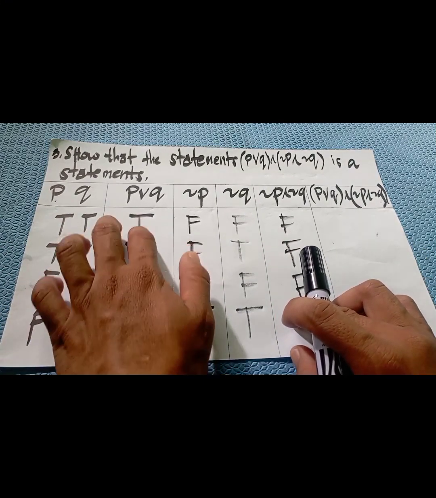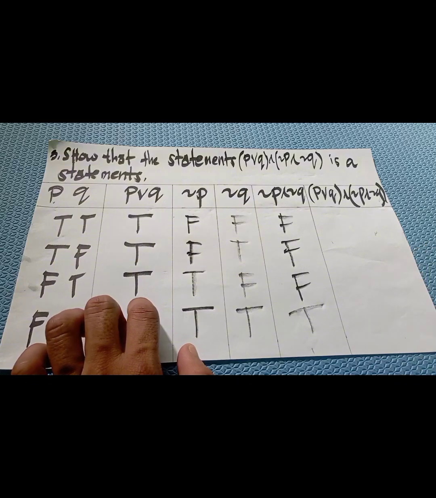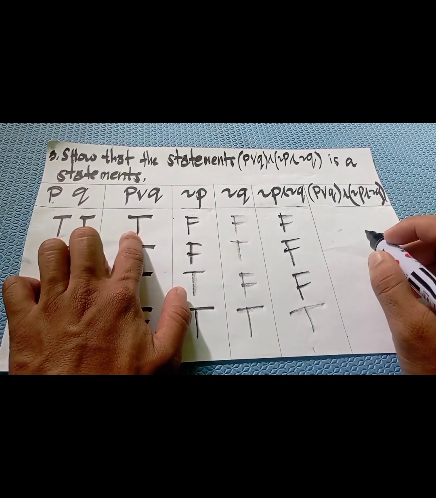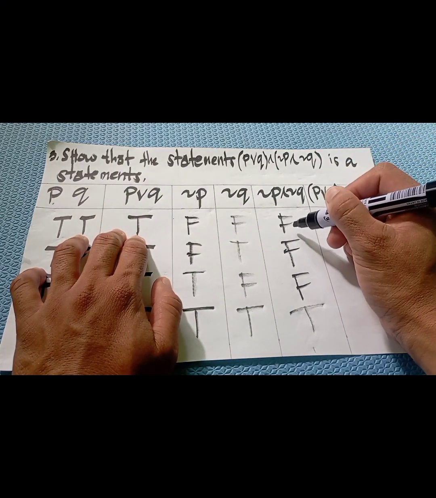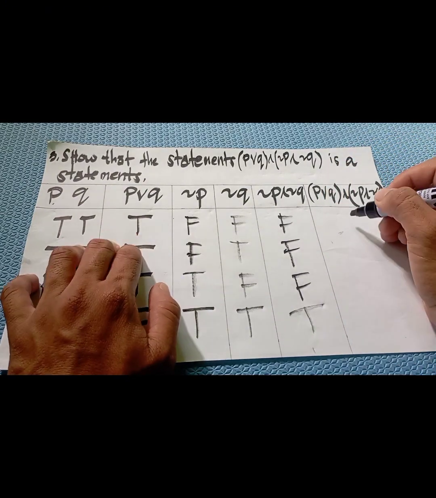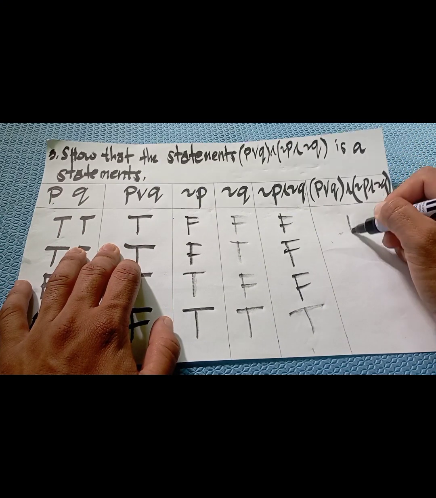Otherwise, if not satisfied, it will become false. So there is one true in the P or Q statement and false in the not P and not Q statement. So the answer will be false.